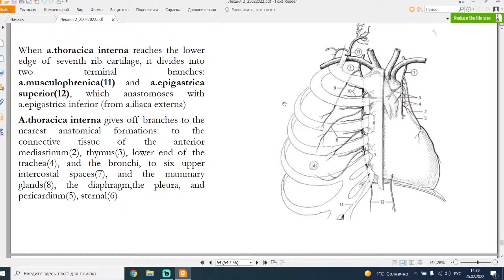Arteria thoracica interna forms many branches.